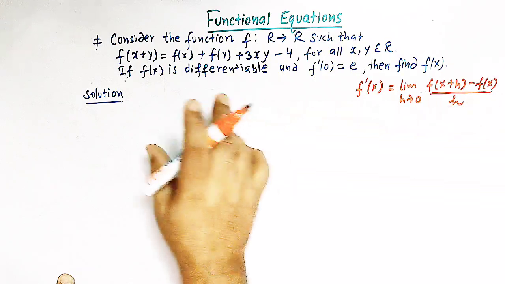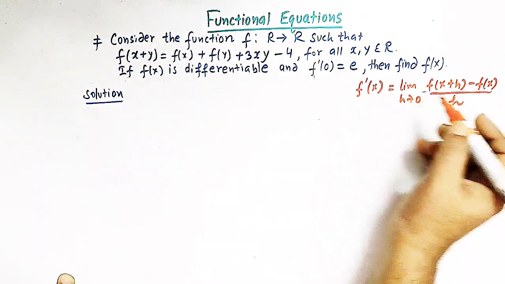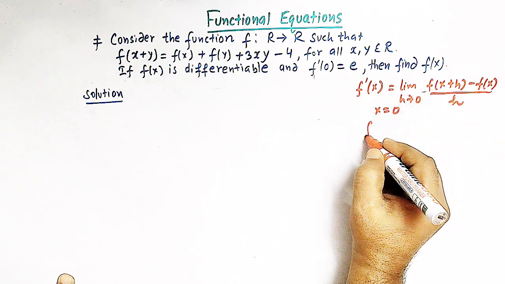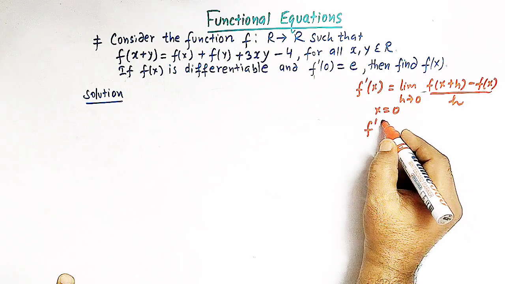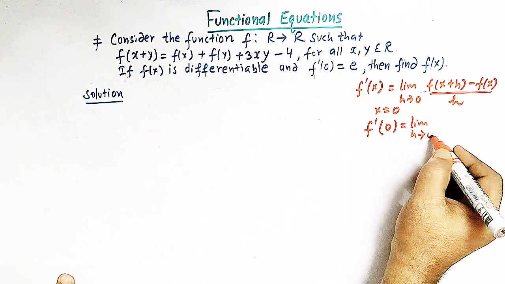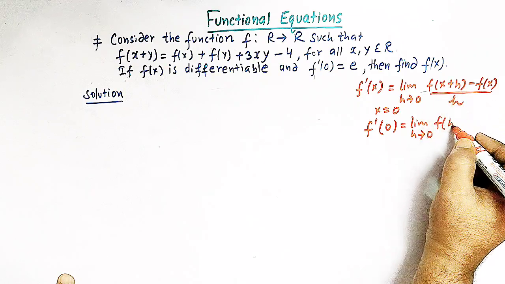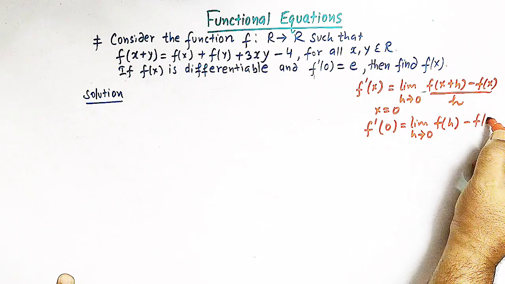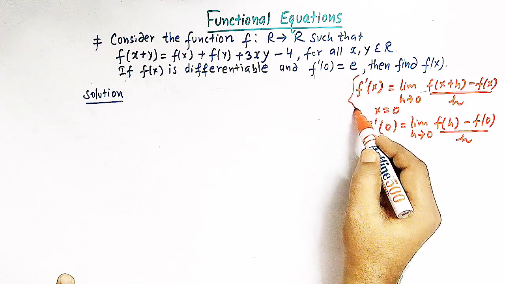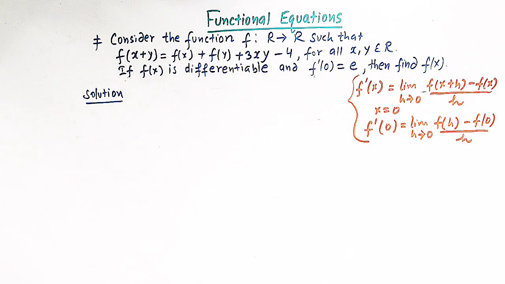To solve this problem, we'll utilize this definition, and if we take x equal to 0 here, then the derivative at x equal to 0 is given by limit h tends to 0, and here we have 0 plus h, which is simply h, and f of 0, divided by h. So these two important concepts are going to be used while solving this problem.